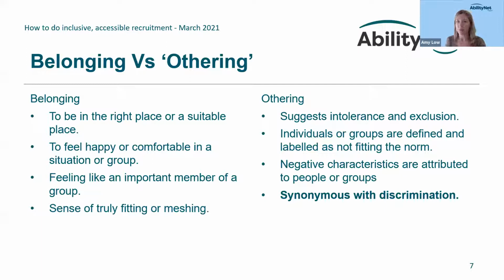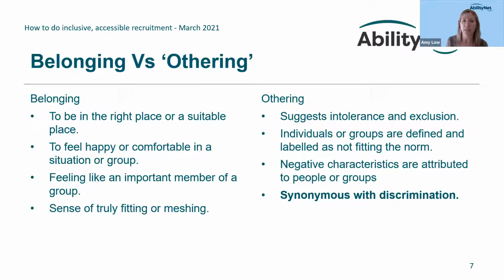Then Mairead and I were talking about what's the opposite of belonging, and there's an antonym which might be a relatively new term for many of us: the notion of othering, and it's quite useful in its universal application and relatability. Similarly to when you felt a strong sense of belonging, most of us can recall a time when we felt excluded or defined as being different, and the discomfort around that.